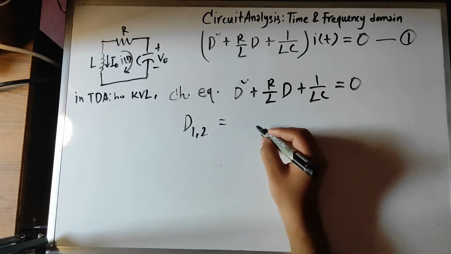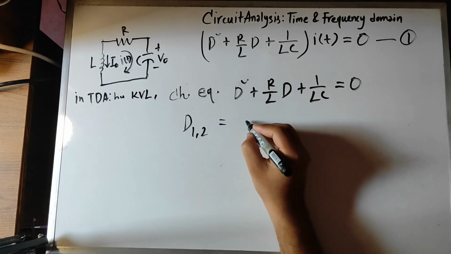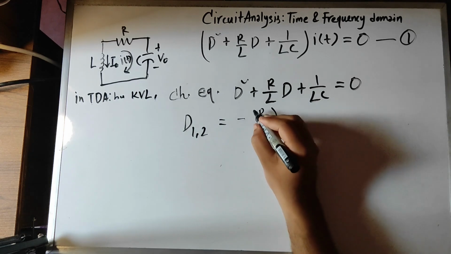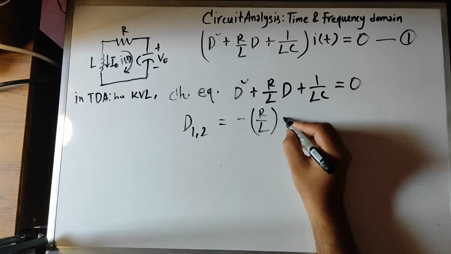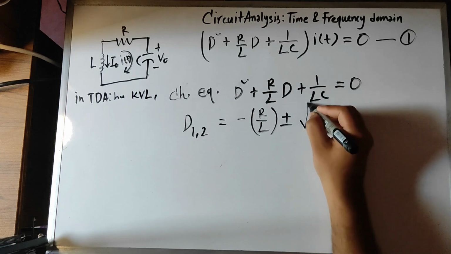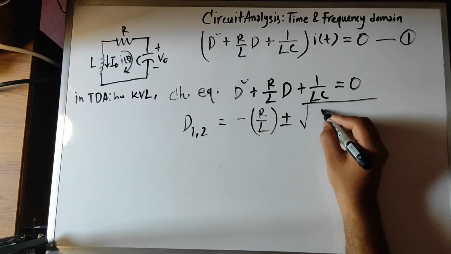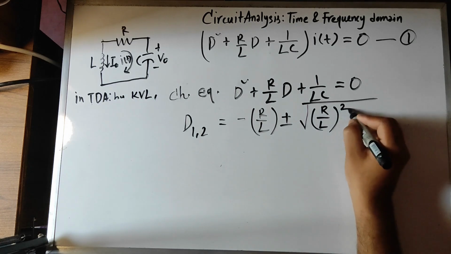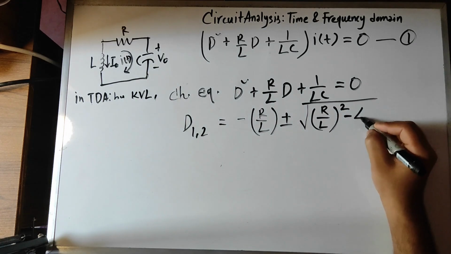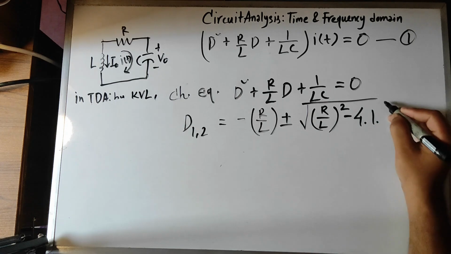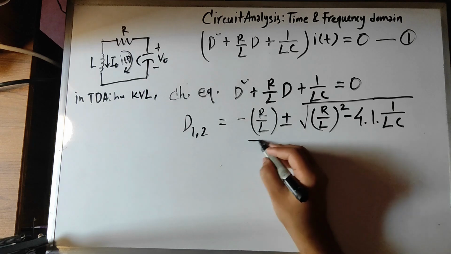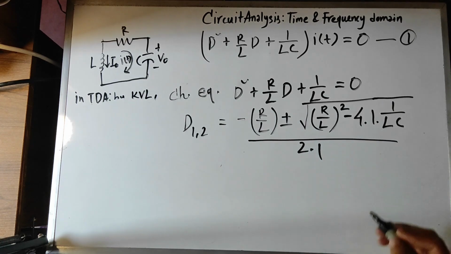So here, d1 and d2 is minus r by l plus minus root of r by l squared minus 4 dot 1 by lc, by 2 dot 1.